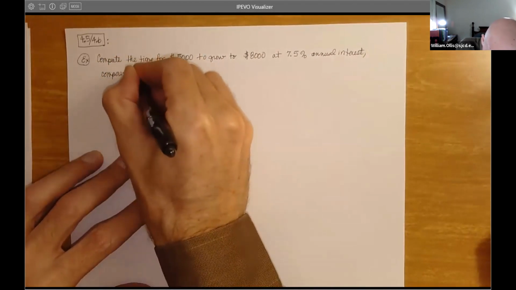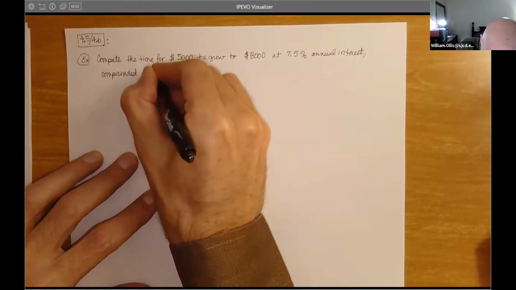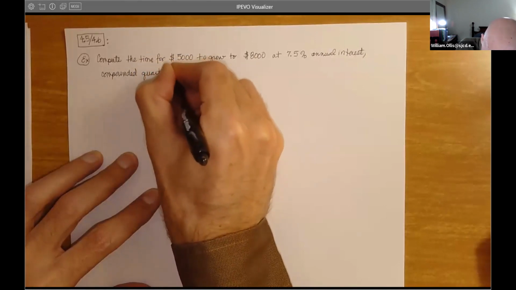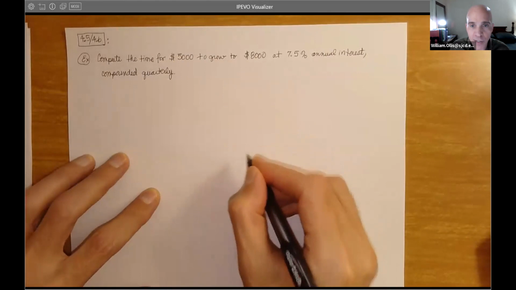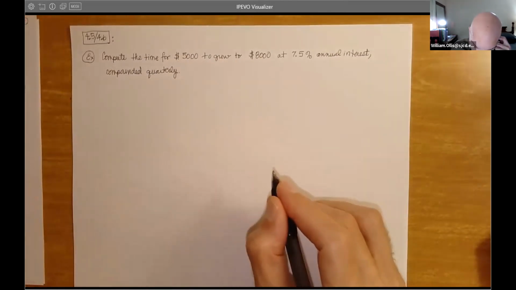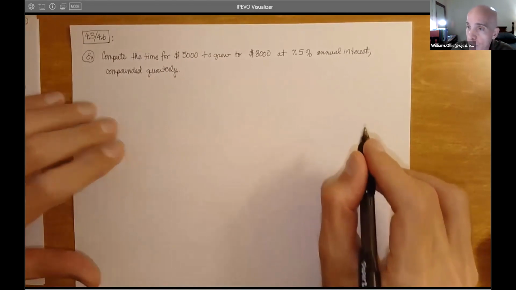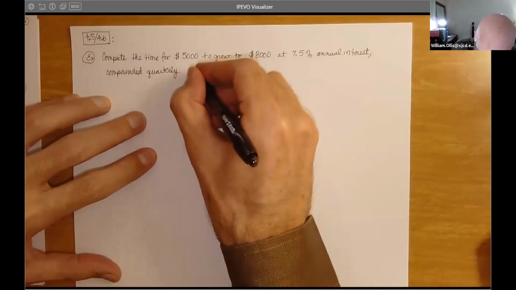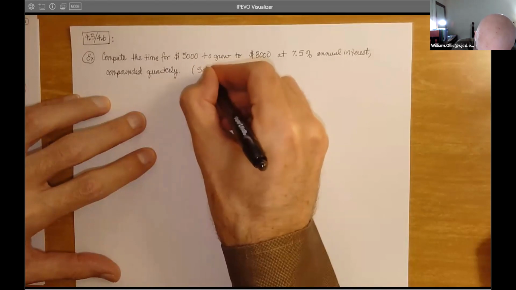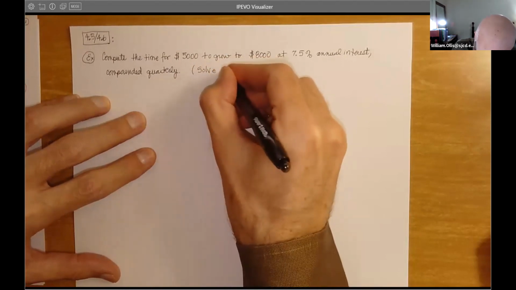So again, this uses the concept that we derived last week with the compound interest. And so we want to solve for t. So basically here, I'll just write in parentheses, solve for t.